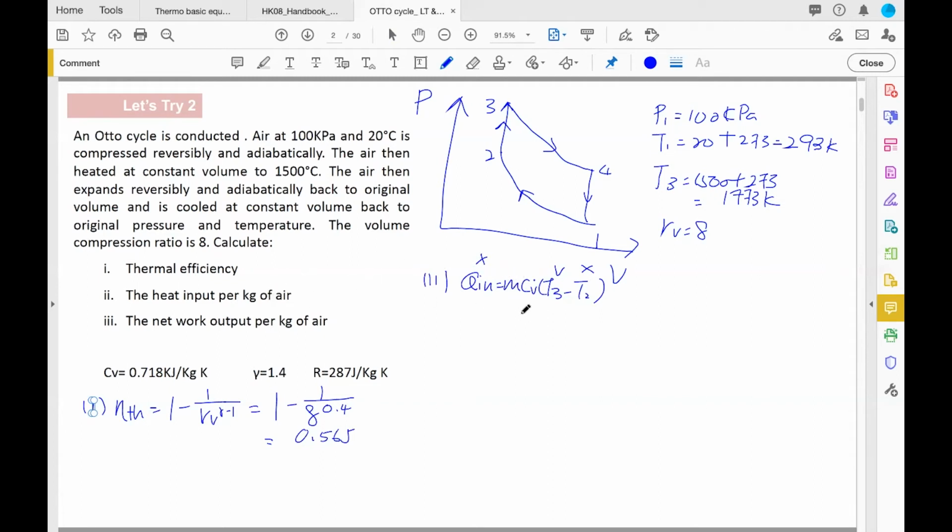Because it's per kilo, I will say this is small q in equals Cv (T3 minus T2). In order to solve this equation, we have to get T2. 1 to 2 is isentropic.